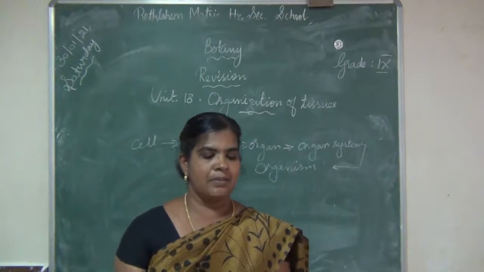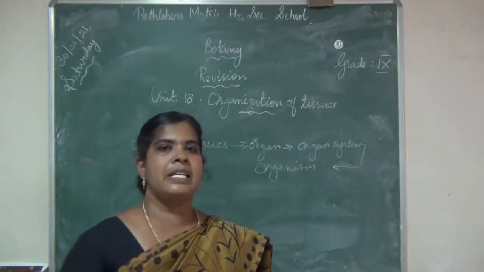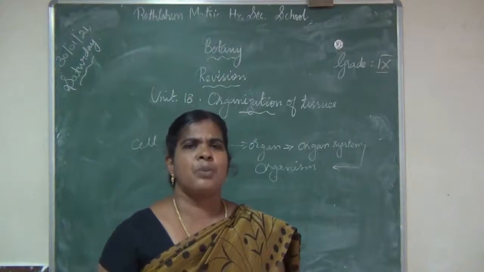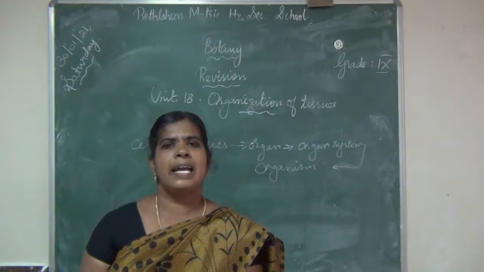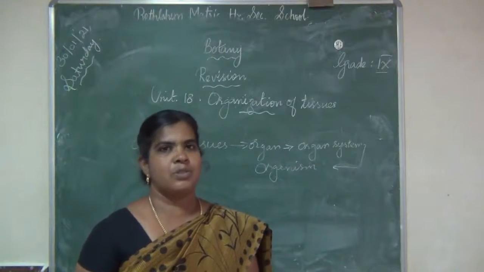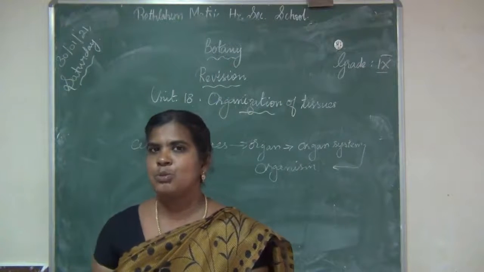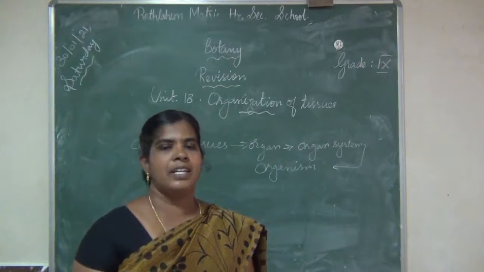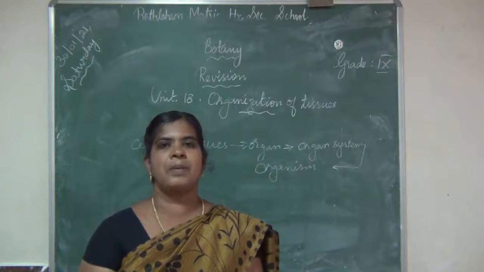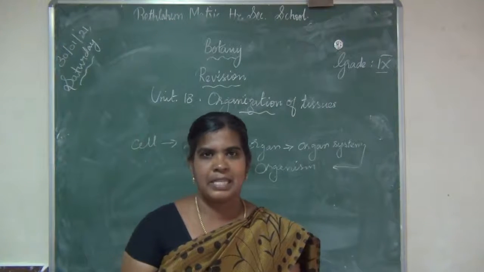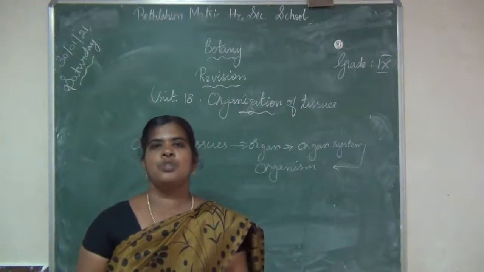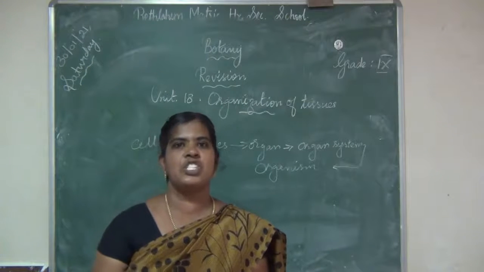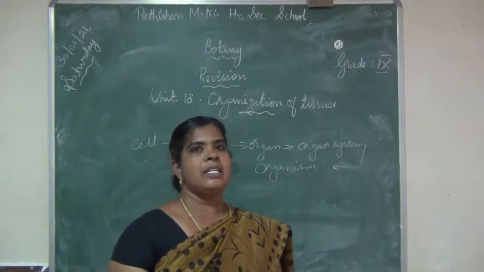Meristos means divisible or having cell division activity. So meristematic tissues are actively dividing tissues. What are the two types of plant tissues? Meristematic and permanent tissues. You must know the characteristic features of meristematic tissue.